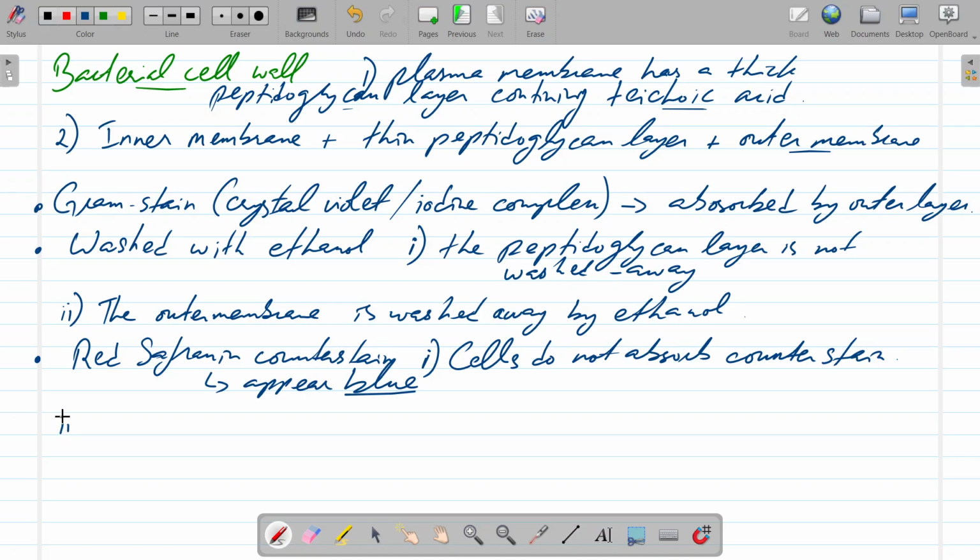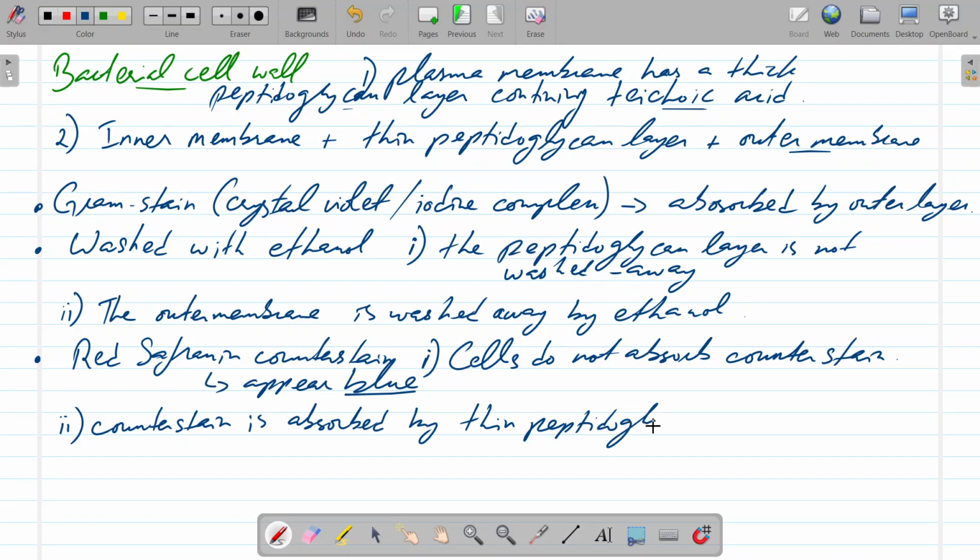Or if the outer membrane was washed off by ethanol, then the counterstain is absorbed by the thin peptidoglycan layer that comes next. And because it's red safranin, under the microscope these bacterial cells will appear to be red.